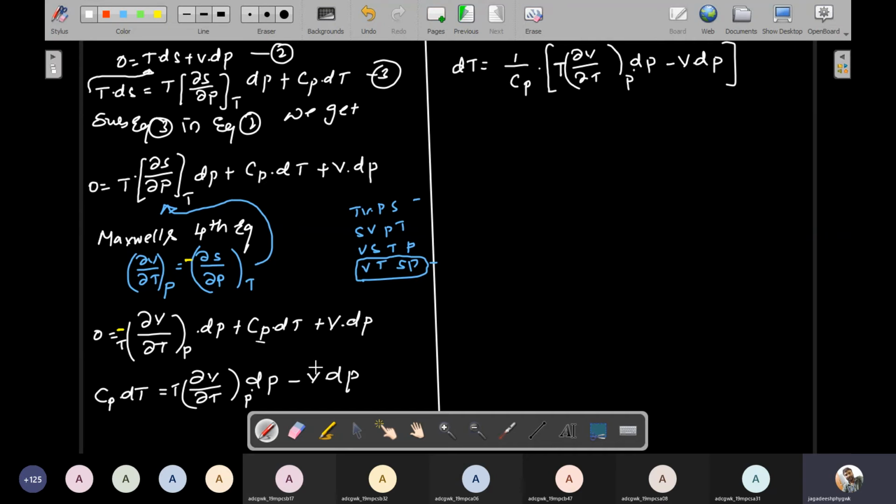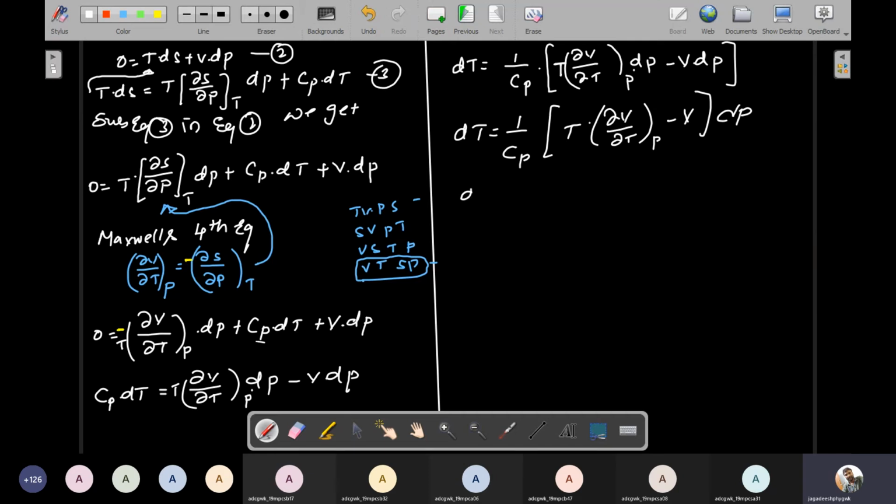T times dou V by dou T at constant pressure, and V. So simply take dP as common on both. So dt is equal to 1 by Cp into T times dou V by dou T at constant pressure minus V into dP. Here dP is multiplied, now you will bring it here, then it will be divided.